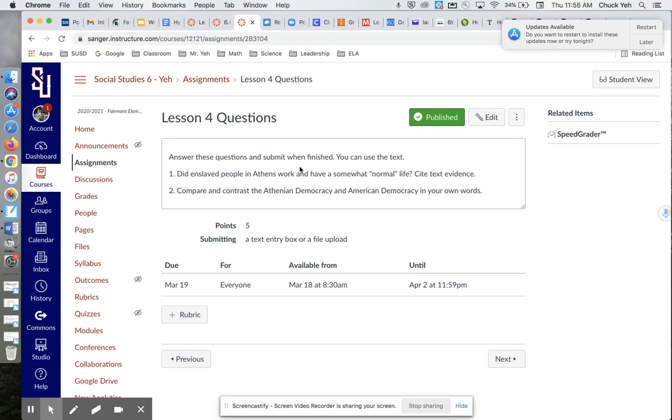Answer these questions and submit when finished. Did enslaved people in Athens work and have a normal, somewhat normal life? Cite text evidence. And then compare and contrast the Athenian democracy and American democracy in your own words. So you can write this on a piece of paper and then take a picture of it and submit it, or you can just write it on Canvas. Just write on the text, and you're good to go. So those two things are for homework.